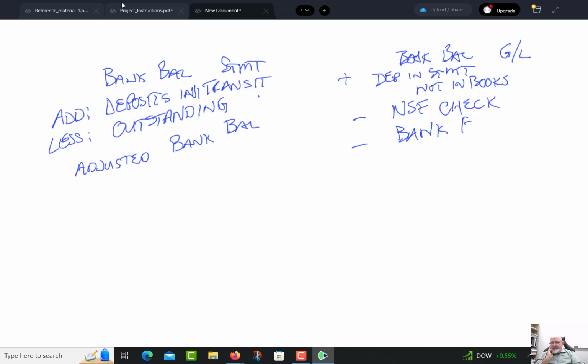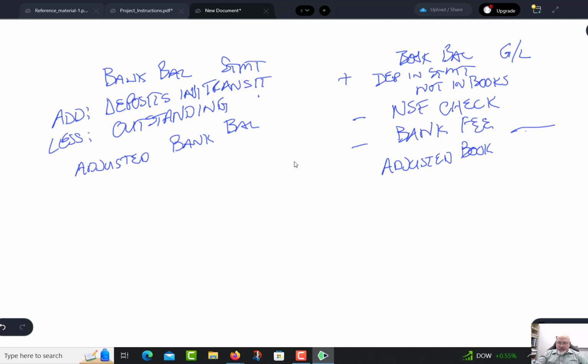So if we have a bank fee for the month, we're going to deduct that out, and then we'll wind up with an adjusted book balance. So we should have the adjusted book and the adjusted bank balance agree to each other.